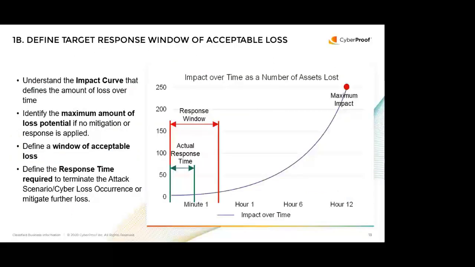But first, we need to identify for each of those negative outcomes where we've identified a scenario. For every scenario, there's what I refer to as an impact curve. This impact curve identifies a cyber loss occurrence and the maximum amount of loss over time if nothing was done. So the maximum impact on the curve in front of you is the potential loss for that attack if no mitigation is applied.